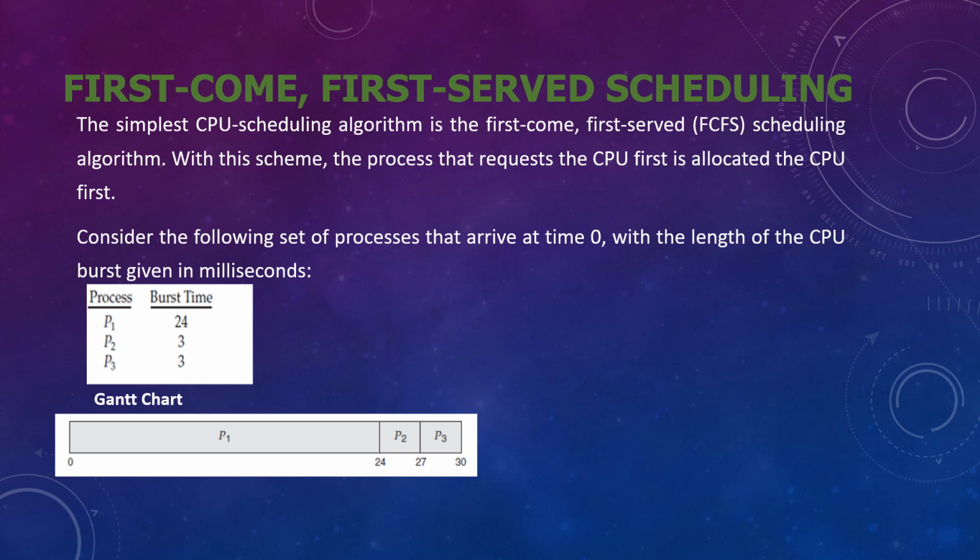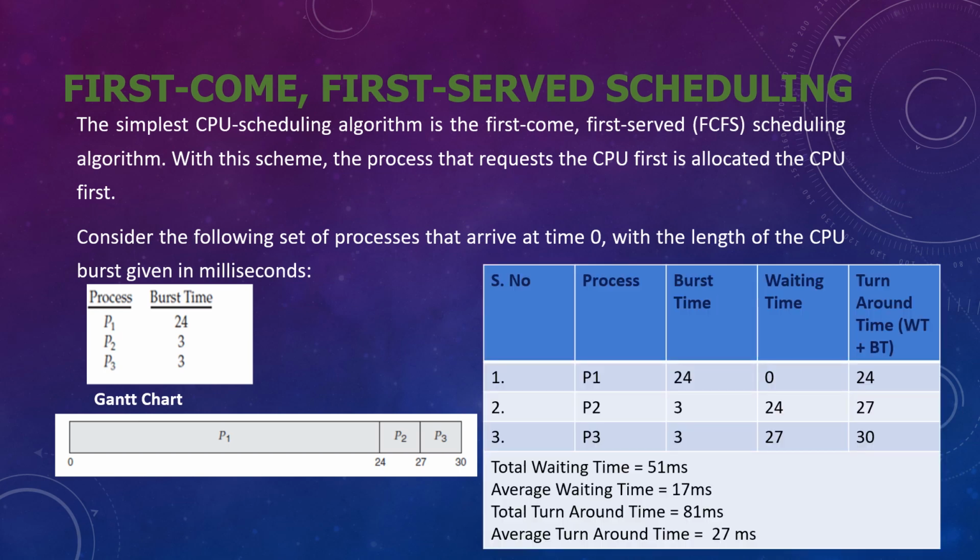Now we'll see how to find out the waiting time and the turnaround time for the processes. So here I have put a simple tabular column which shows you the processes and their burst time along with waiting time and the turnaround time.